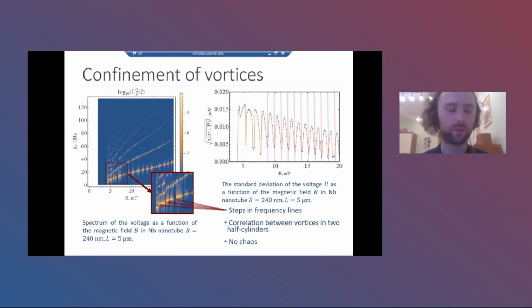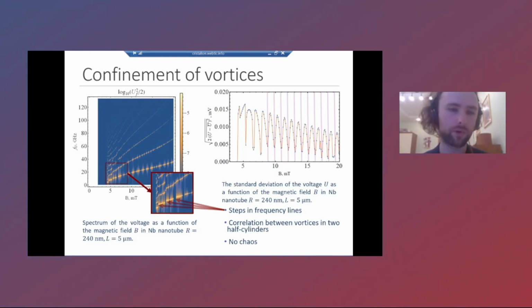And this appears due to the fact that our vortices are confined in a smaller region of the nanotube, and they have no freedom to move left or right as much as they had in larger nanotubes. However, in this case, if we take smaller nanotubes, we can see the effect of steps and frequency lines.